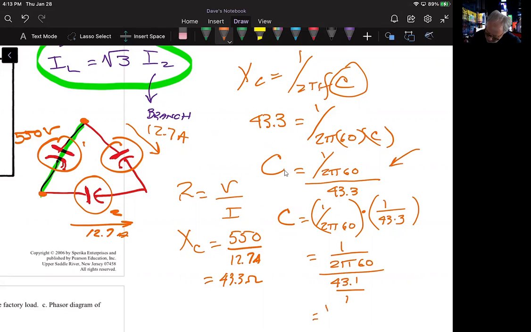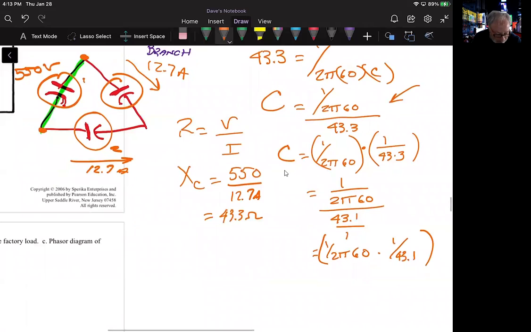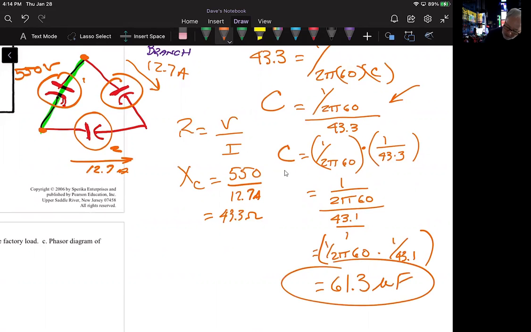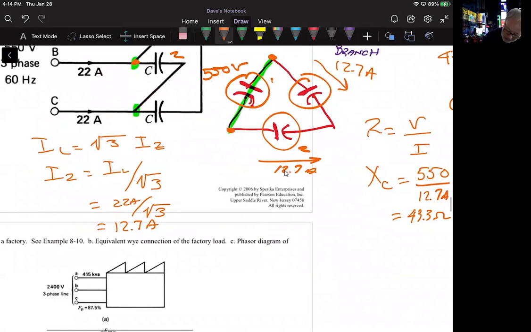So that was 1 over 2 pi 60 times 1 over 43.1, to get this final answer. And when you do that calculation, you're going to come up with, rounded to the answer in the text, 61.3 microfarads. So that would be the value of each of these capacitors in this configuration.